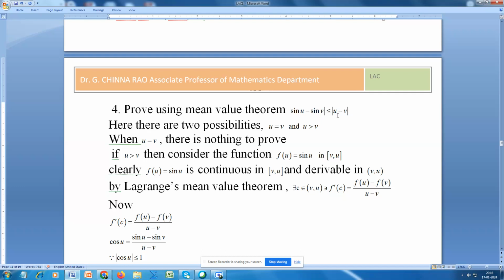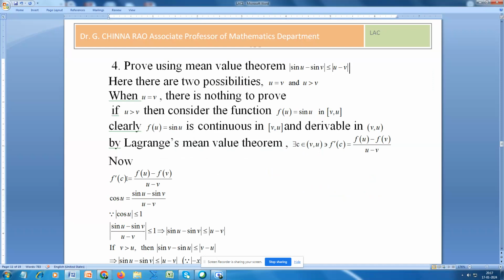If u greater than v, then consider the function f of u equal to sin u in the closed interval v comma u. It is a trigonometric function, so it is continuous in the closed interval v comma u and derivable in the open interval v comma u. By Lagrange's mean value theorem, there is a number c in between v comma u such that f dash c equal to f of u minus f of v by u minus v.